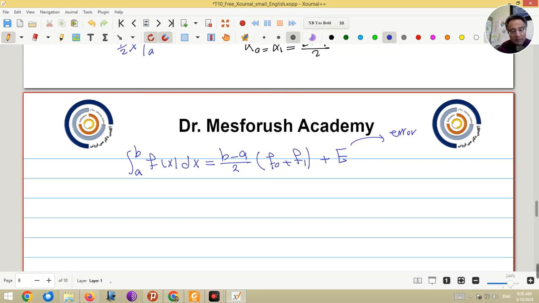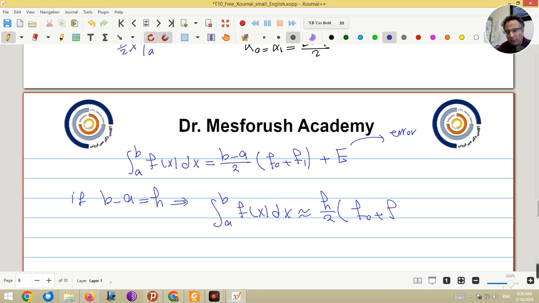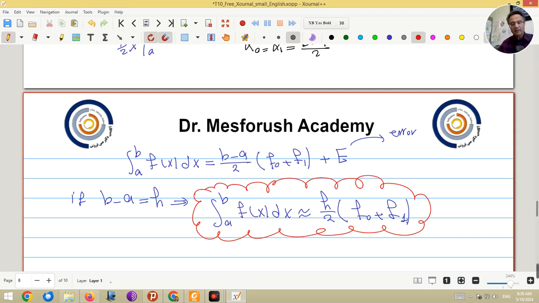Now if we put b minus a equal to h, the integral from a to b of f of x dx is almost equal to h over 2 times f0 plus f1. Look at here, I delete the error and change equality to almost equal. Okay, this formula is a new formula for computing the integral.